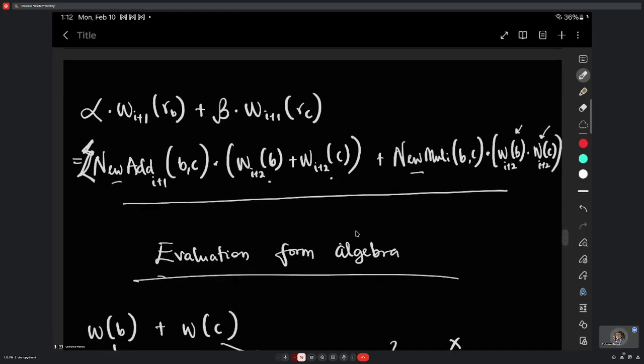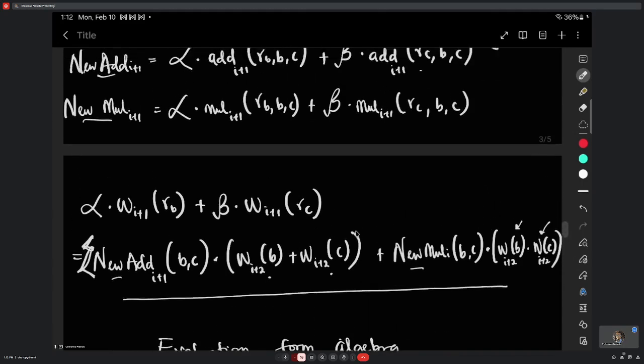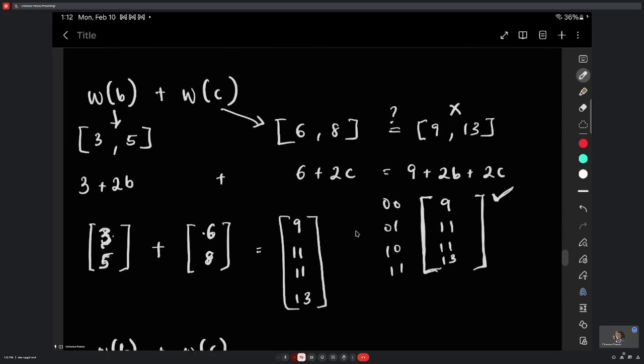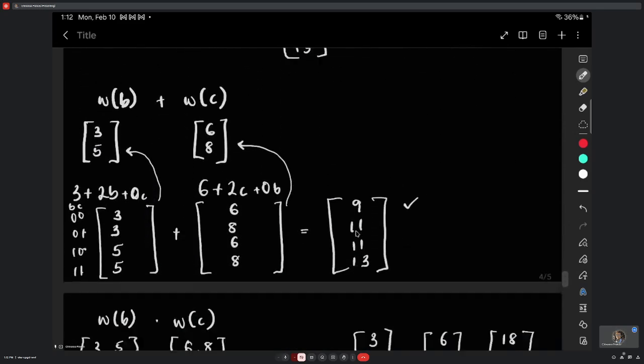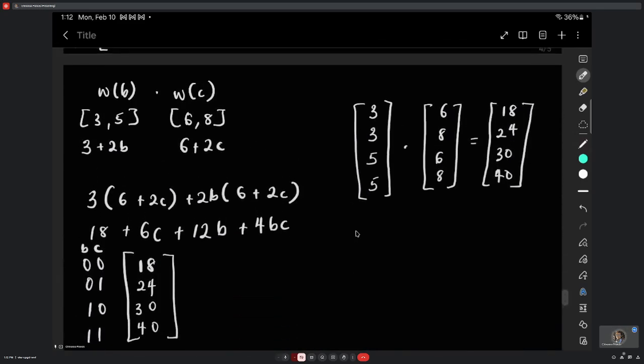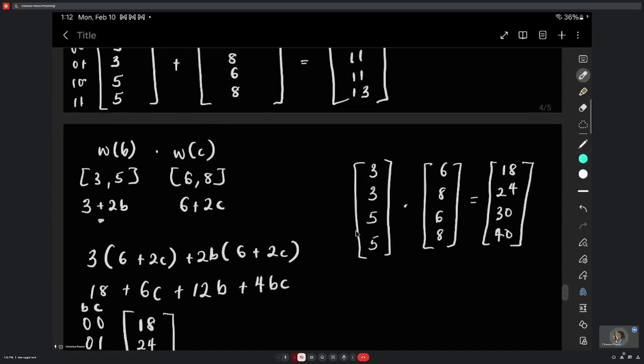Like this B, it is not just B, it can be B1, B2, B3. Sorry, let's go to the equation we used. Scroll down a bit. Yeah, here: 3 plus 2b plus 6 plus 2c. These are univariate polynomials on their own.